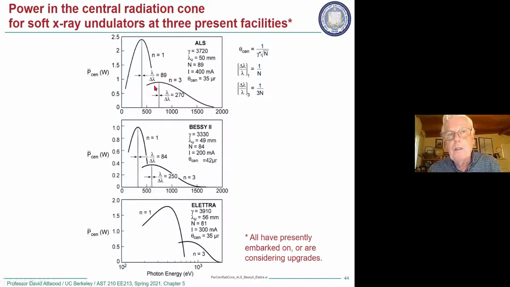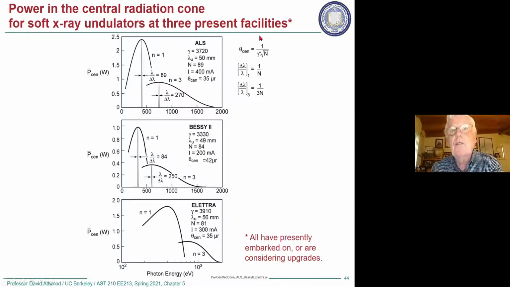And K equals 0 was a crossing. At K equals 0, the magnetic field is not even felt, there's no acceleration, and there's no power. So this is K equals 0 down here, and it's coming up to about K equals a half. Maybe 1 is up here, square root of 2 is here, and then you come down, okay? And these are curves of power in a central radiation cone.